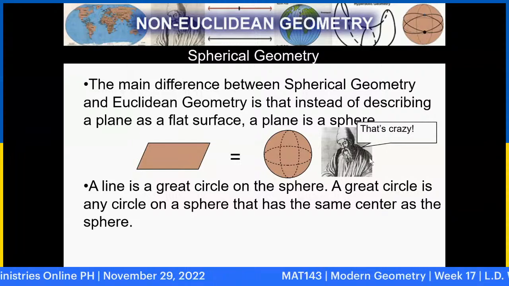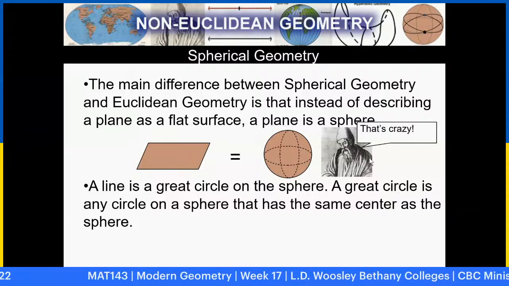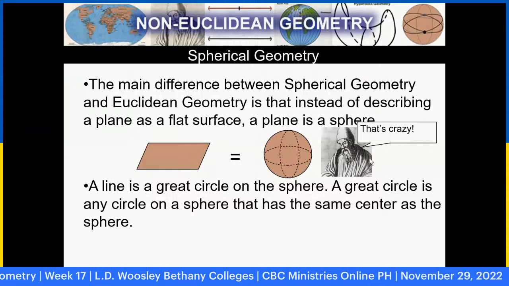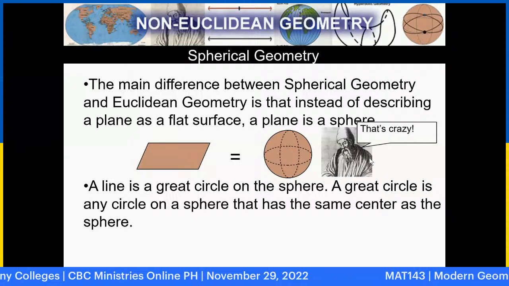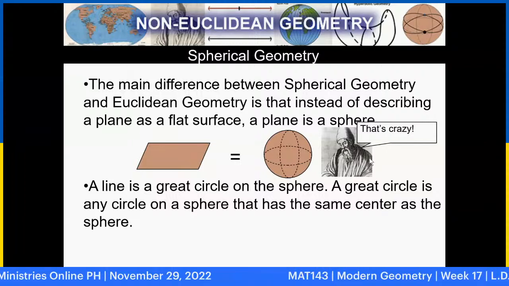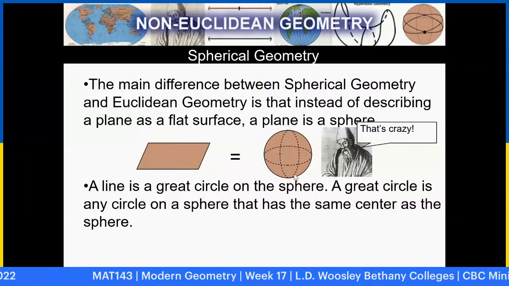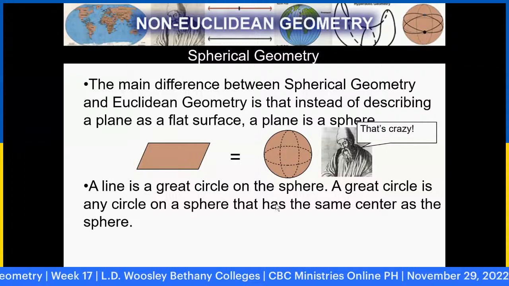All right. A line is a great circle on a sphere. And a great circle is any circle on a sphere that has the same center as the sphere. All right. So perhaps the equator and the prime meridian here, these are the great circles.